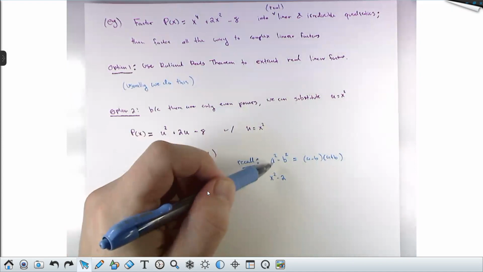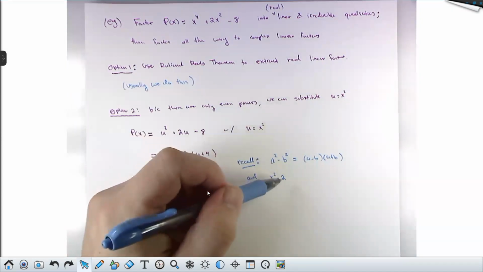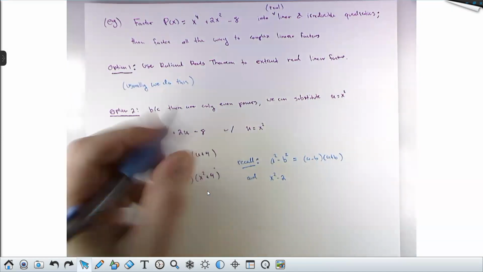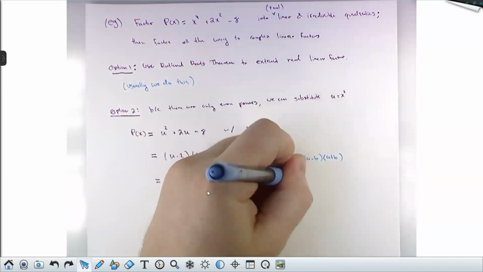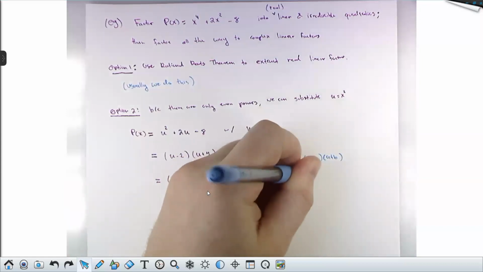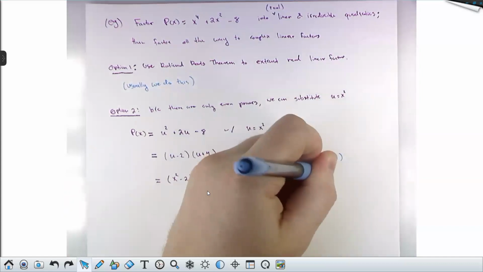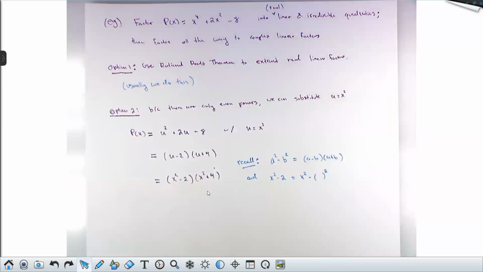The x squared looks like an a squared, but 2 is not a perfect square. It is, however, the square of something. If I want to write this as x squared minus something squared, what has to go in the parentheses?